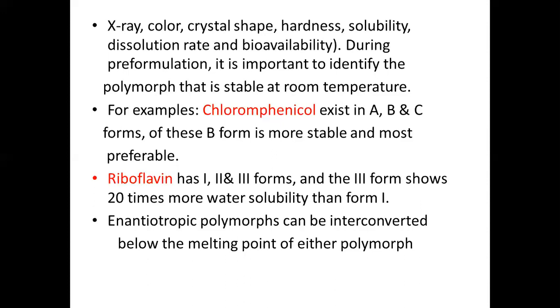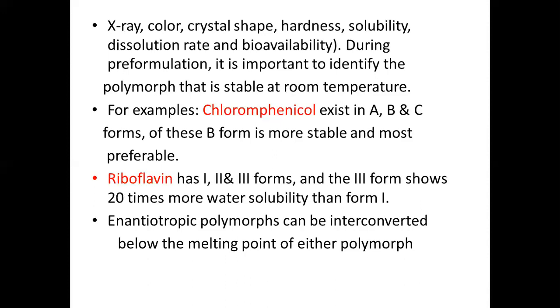An example is quoted here for chloramphenicol, which exists in A, B, and C forms. Only the B form is the more stable and preferable form. Riboflavin also has three forms, but the third form shows 20 times more water solubility than the first form. In enantiotropic polymorphism, polymorphs can be interconverted only below the melting point, and either polymorph can be formed.